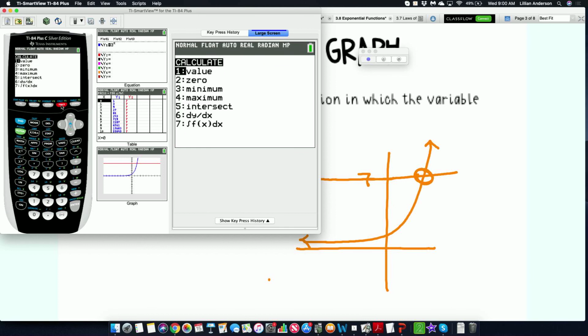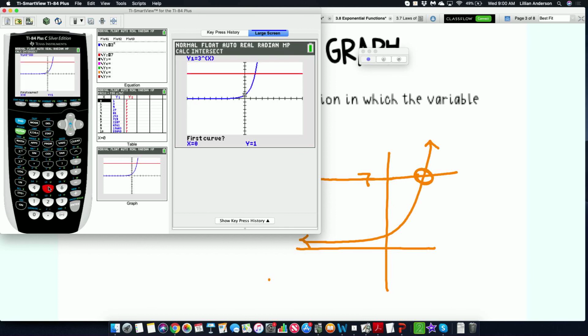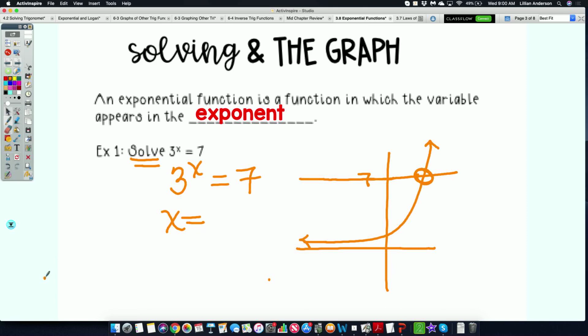Second trace, option 5. Because an exponential and a line are only going to intersect at one point, you'll do enter, enter, enter. So my solution is x equals 1.77, 3 significant figures.